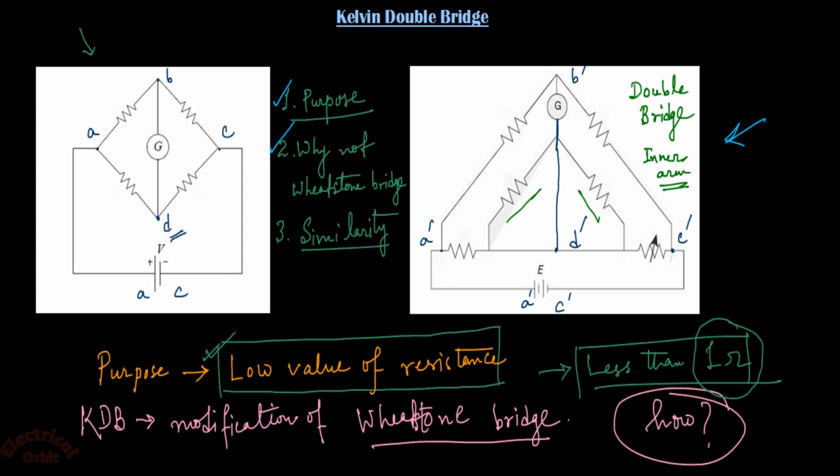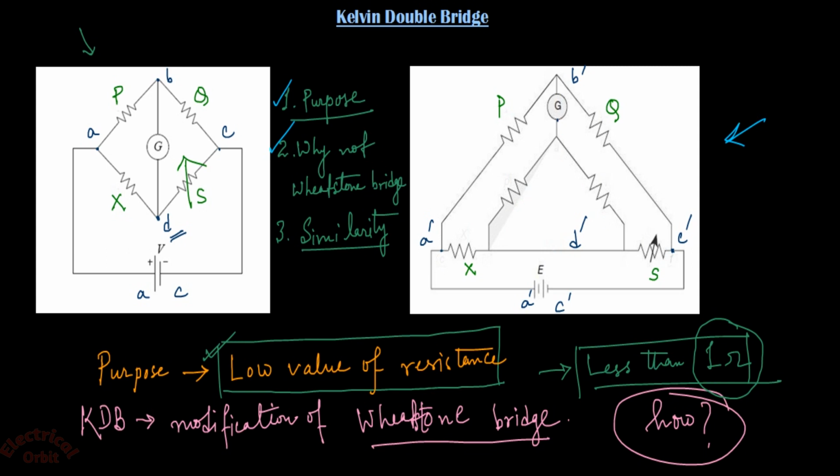If I name the resistances of the Wheatstone bridge P, Q, X and S, similarly in the Kelvin double bridge we can name them P, Q, X and S. In the Wheatstone bridge, S is variable, and so it is in the Kelvin double bridge. So I think the similarity is quite clear, and we have learned why it is called a double bridge.